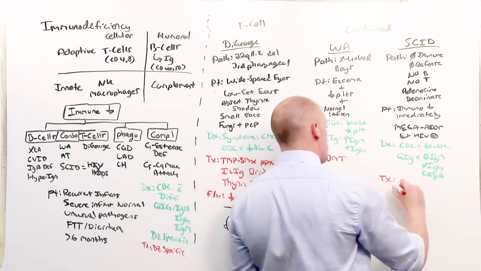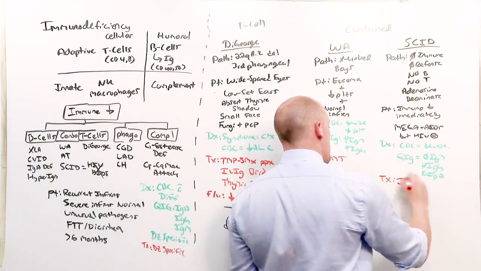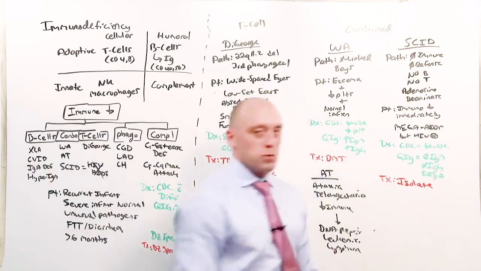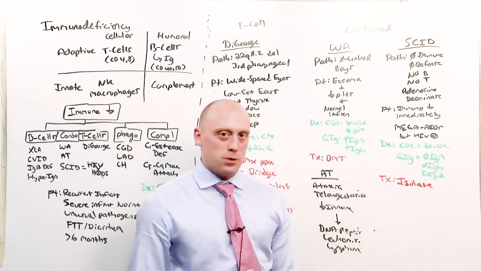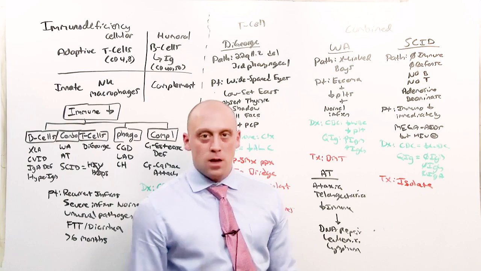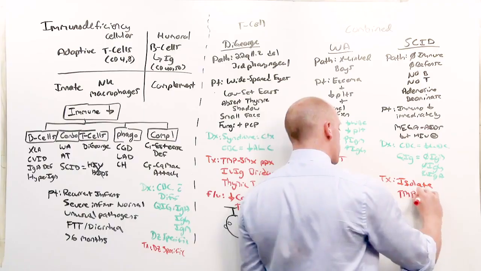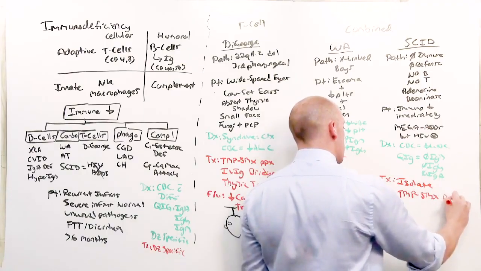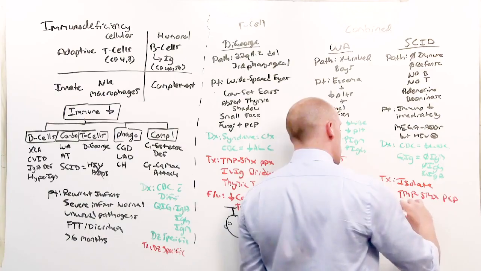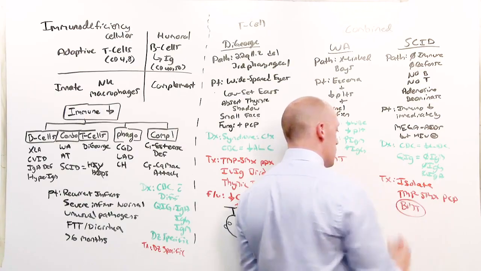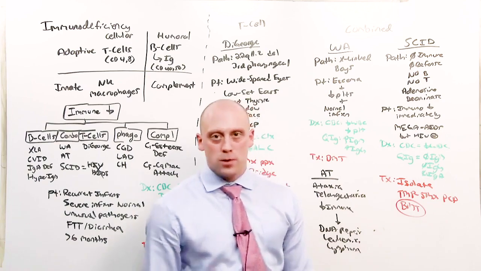This is what the bubble baby is about. They must be sealed behind plastic in a completely sterile room and cannot interact with their environment, otherwise they die. You may need to give trimethoprim sulfa as prophylaxis against PCP, but the only chance that these kids have is a bone marrow transplant. If they don't get that bone marrow transplant, they're effectively dead.